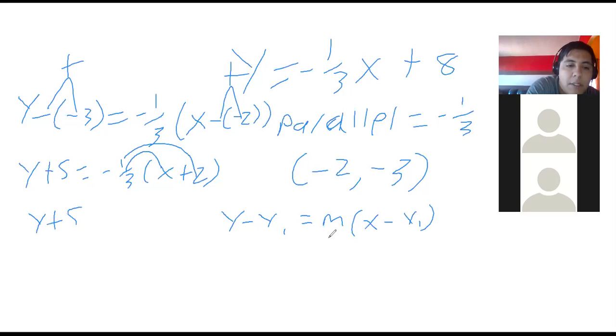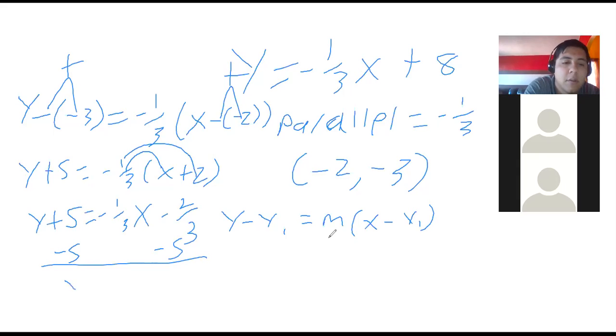So we'd have y plus 3 is equal to negative 1 over 3x, and then negative 1 over 3 times 2, that's negative 2 over 3. And now we're going to subtract 3 from both sides. So y is equal to negative 1 over 3x, and negative 2 over 3 minus 3.